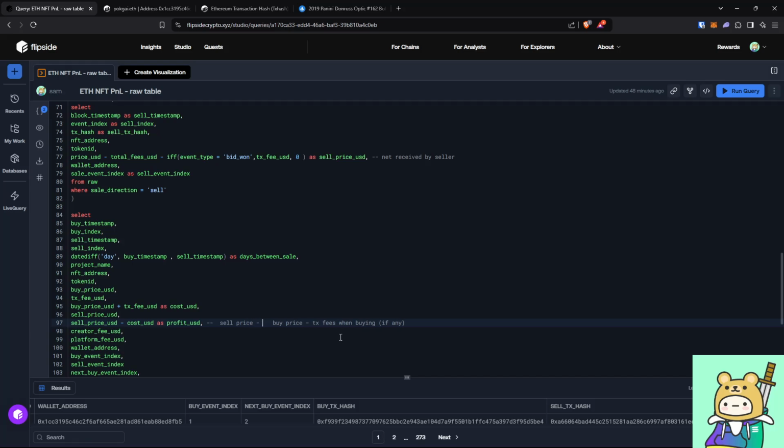So sell price minus fees, right? Platform fees, creator fees, right? Minus transaction fees, if any, if you're accepting the sale, minus buy price, and then minus transaction fees when you're buying, if any, again. So this is the full formula, but it is simplified to just this because we've already done part of the calculation up front over here.